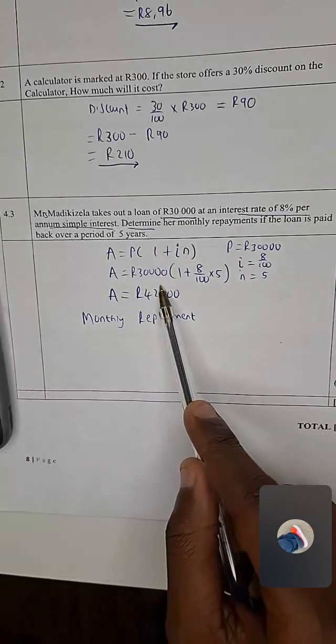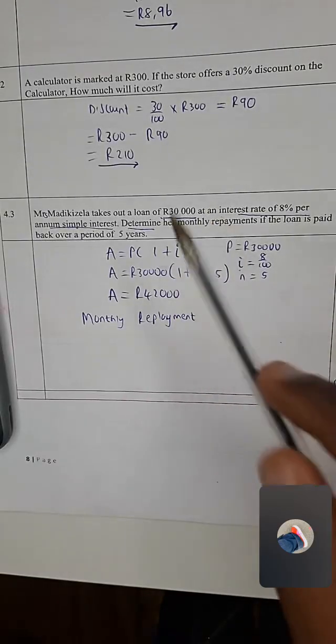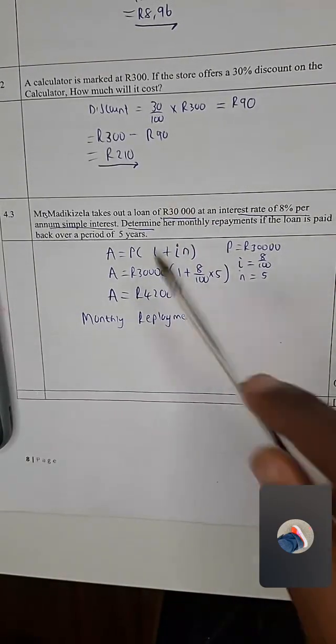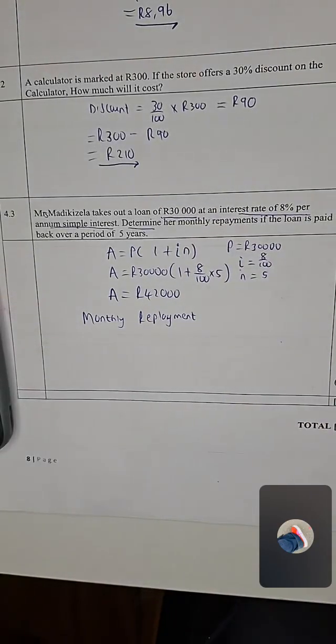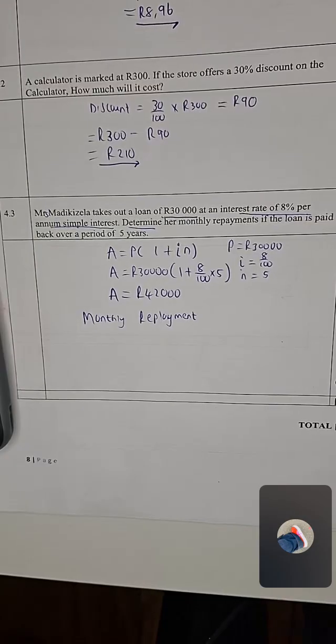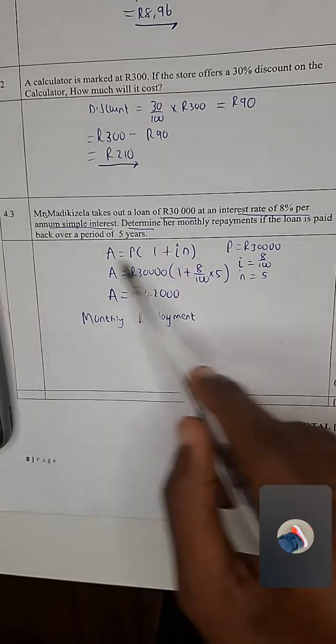The agreement is that she is going to pay a certain small amount every month for the period that the loan is taken out, so that by the time 5 years finishes, Ms. Madikizela can say, I've been able to pay back the full amount.